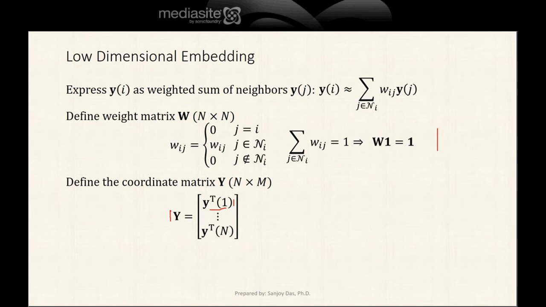So each row corresponds to a sample, and we have n samples, so the number of rows is equal to n, and we are looking for an m-dimensional embedding. Therefore, the number of columns here is m. So this is an n by m matrix Y, and it's to be determined because we have not yet found out the coordinates of the sample points in low dimensional space.